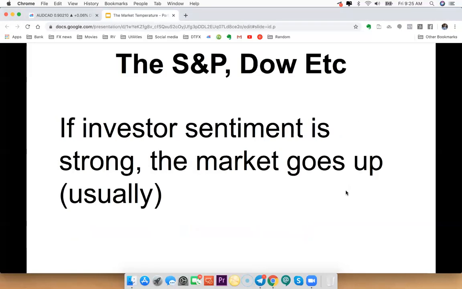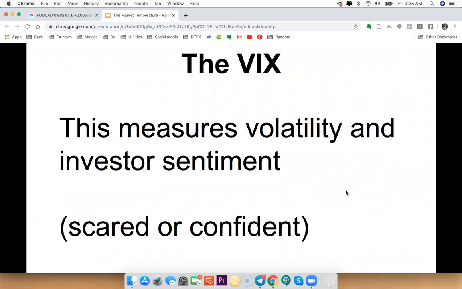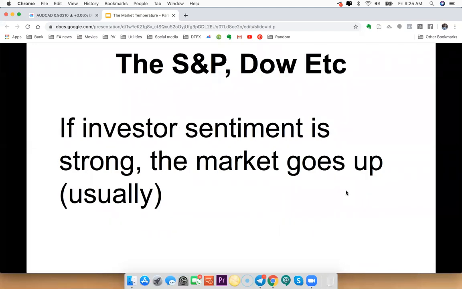S&P, Dow, etc. We're looking at indices because, for the most part, the S&P chart and the Dow chart and the NASDAQ and everything else are going to look pretty similar. They tend to go up fairly well together and go down fairly succinctly. And so if investor sentiment is strong, the market goes up, and for investor sentiment to be strong, we need the VIX to be low.